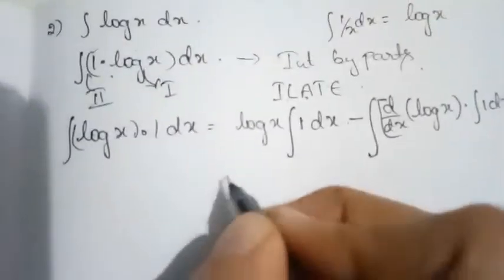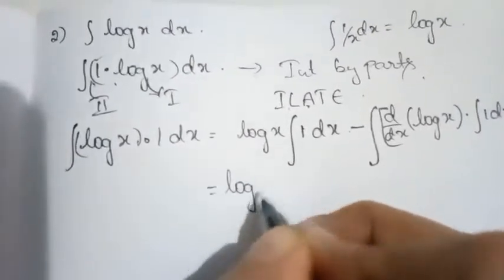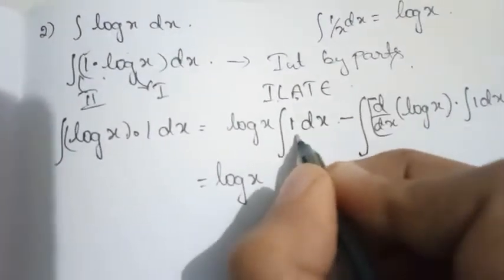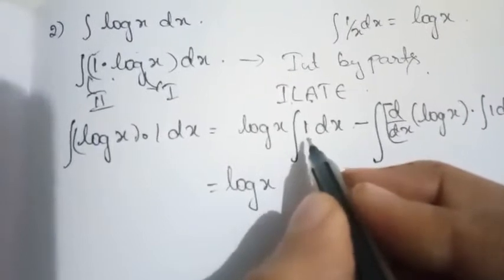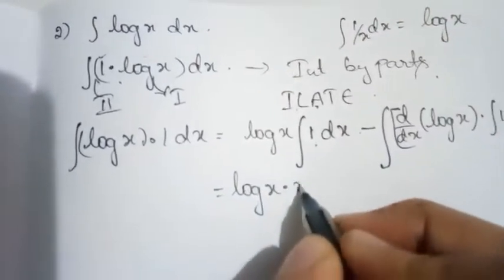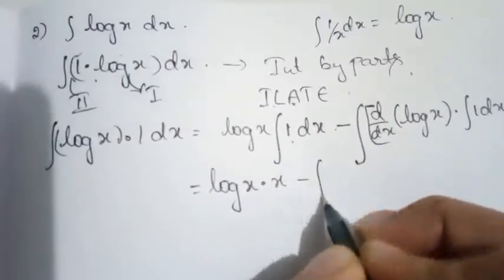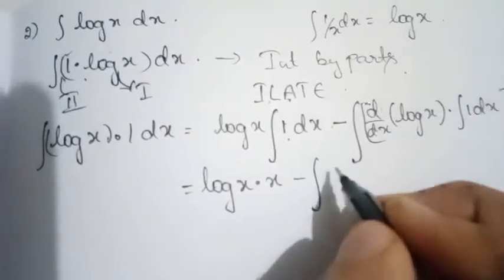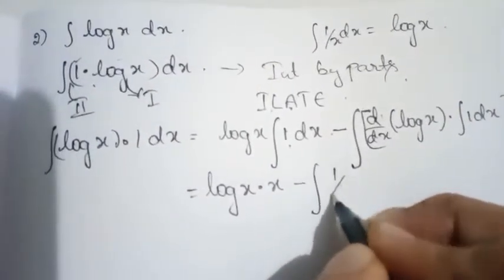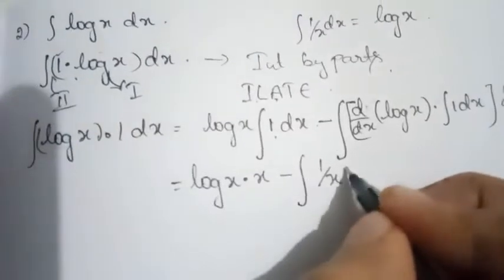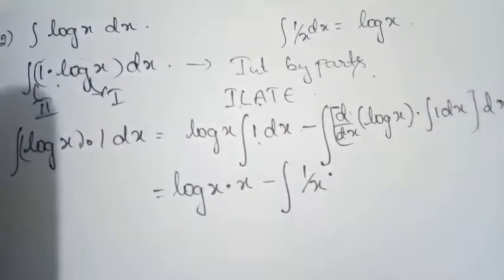So now what happens? Log x as it is, integration of the constant, integration of 1 dx is x itself, minus integration of, what is the differentiation of log x? It is 1 by x into, what is the integration of 1 dx?